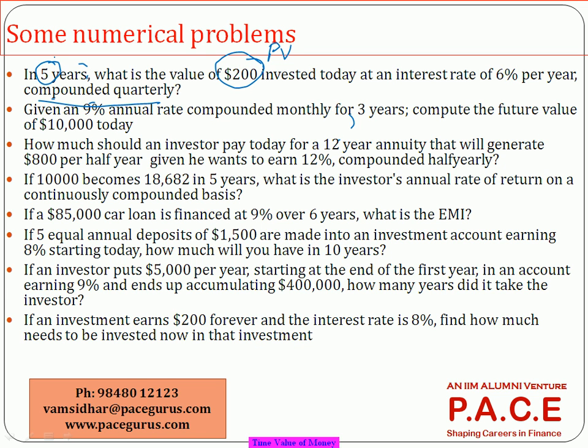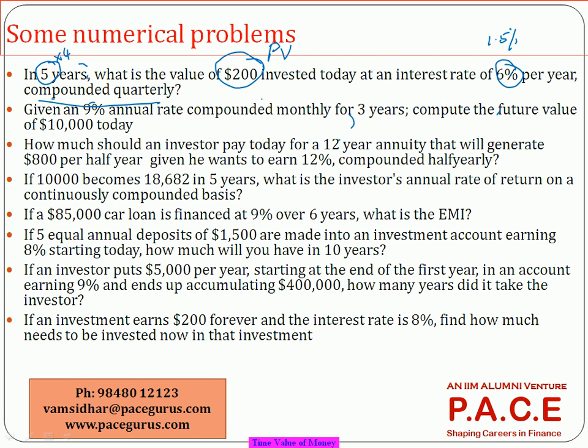So this into 4 will be my N, because I will convert it into number of quarters. So 20 will be my number of quarters. Then what would be the interest rate I? This is 6% per year. So 6% by 4, which is 1.5%, is per quarter.